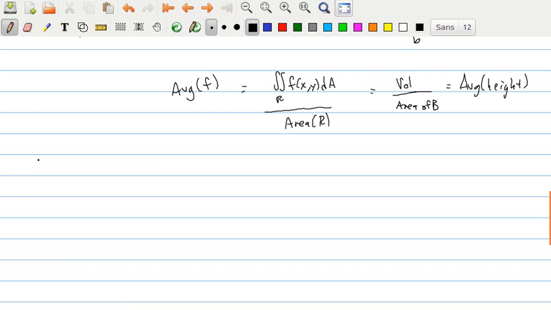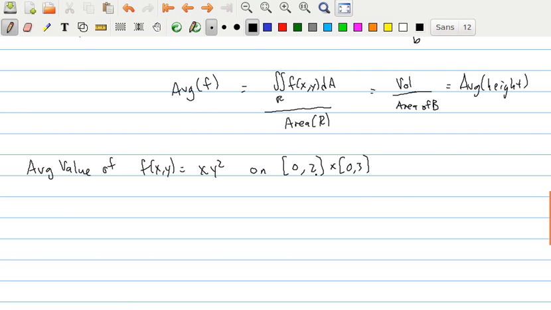Let's suppose we're looking for the average value of f of xy equals, say, xy squared. And we're doing this on the region 0, 2 cross 0, 3.